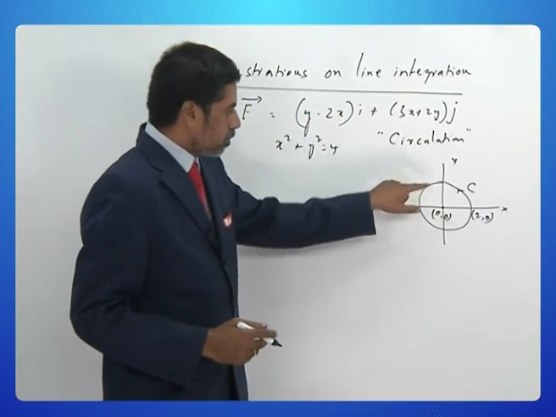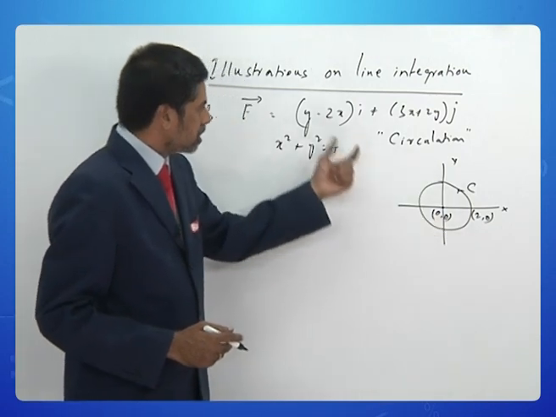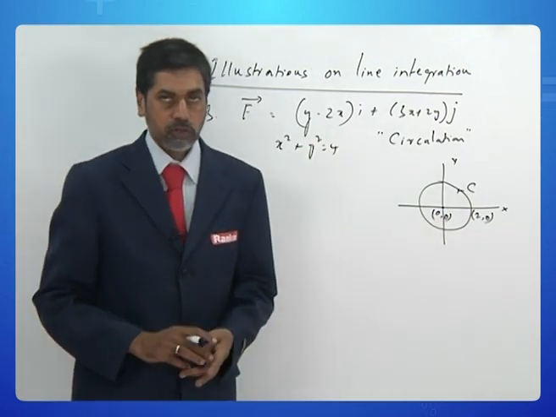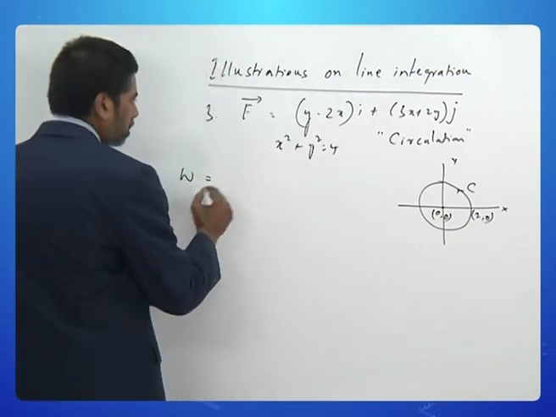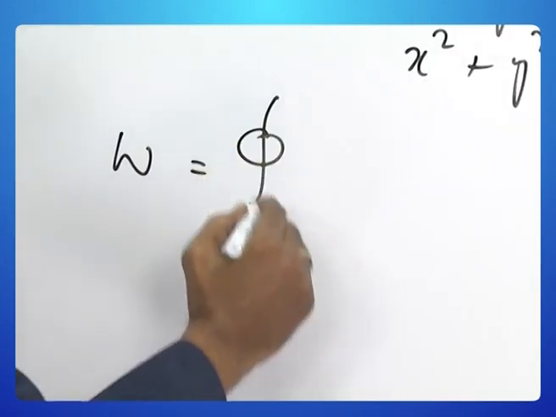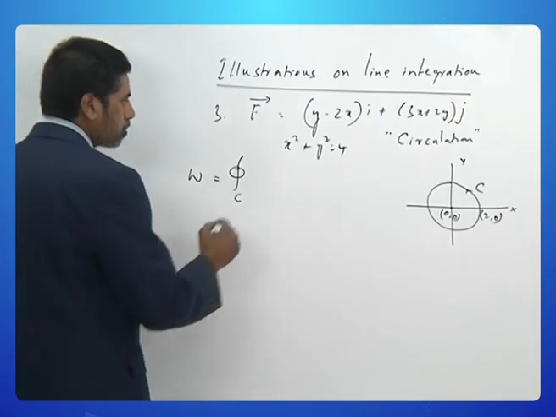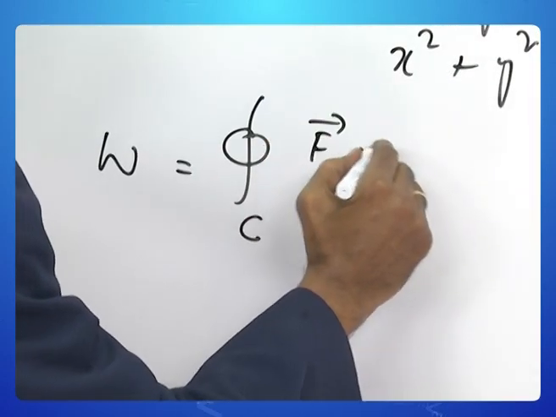Because it's a simple closed curve, this line integration is called circulation. So the work done would be integral over C closed F dot dr.